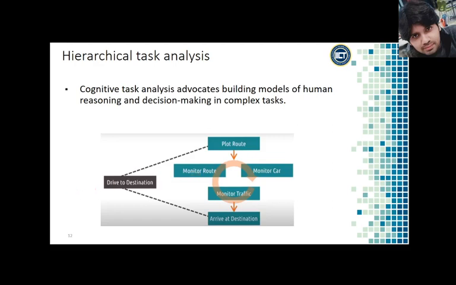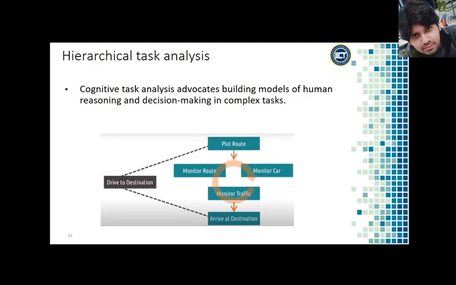It might be useful while running or biking or while riding as a passenger. Now, traffic monitoring here might be something that autonomous vehicles might do, not just the human user. So the analysis of a task in a particular context could be useful in designing interfaces for other contexts if we break the analysis down into subtasks.